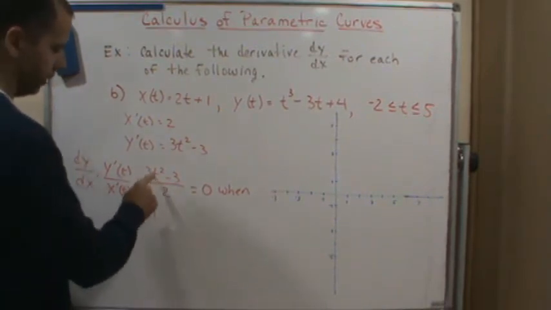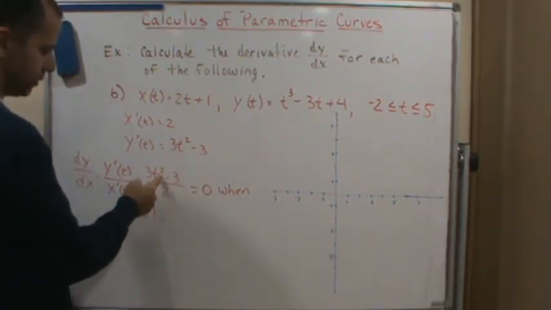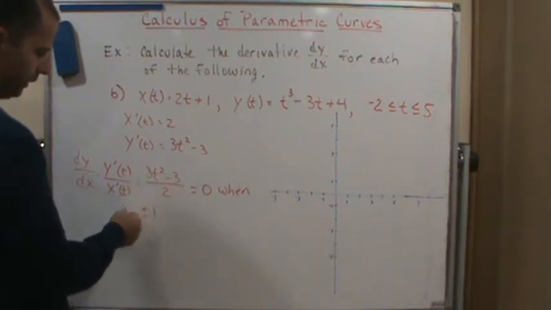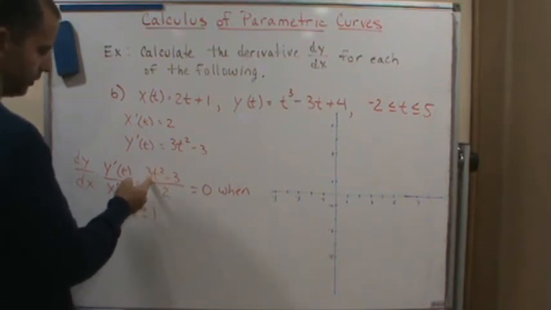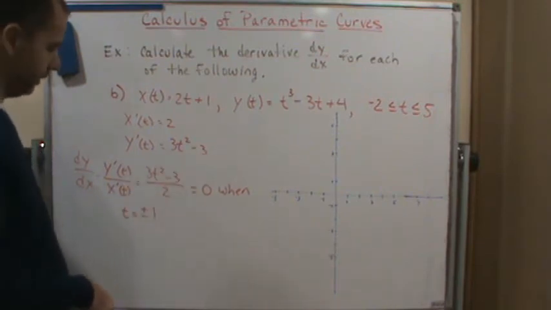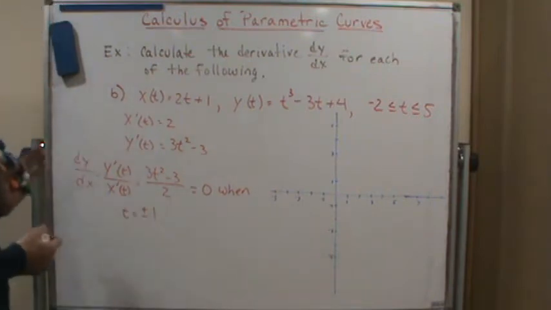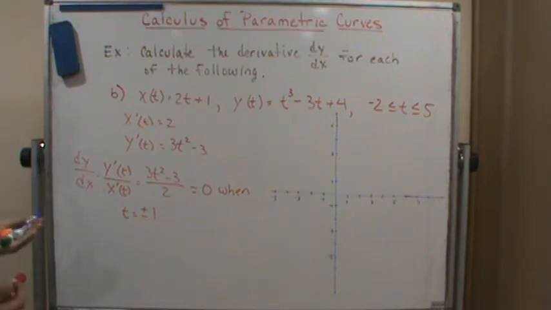Well, just look at it. Solve it, right? When t is 1, this gives you 3 minus 3. When t is negative 1, you get 3 minus 3. So when t is plus or minus 1, we're going to get 0, which means there's a critical value at plus or minus 1.